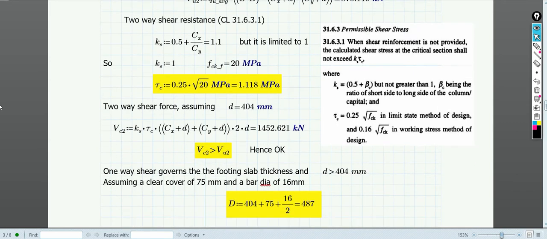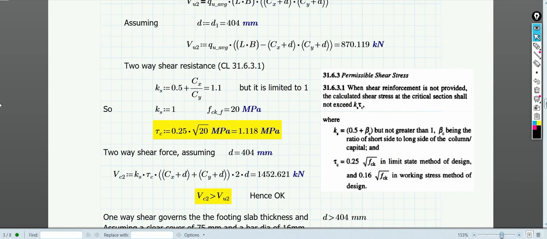Now if you go for punching shear strength, you can find it from clause 31.6.3, where it is mentioned that you can calculate the shear strength using Ks into tau c into the cross-section area.